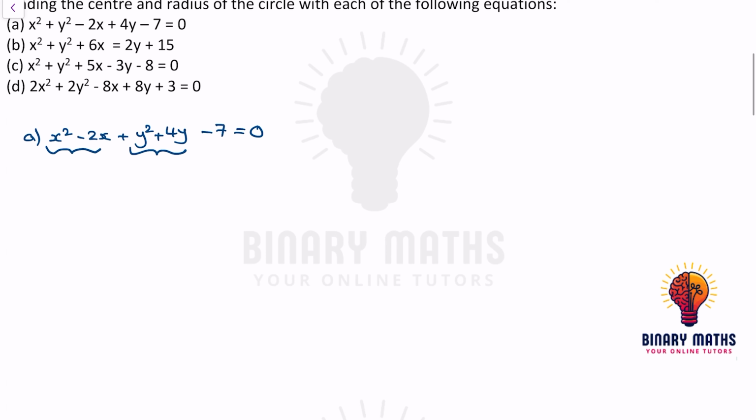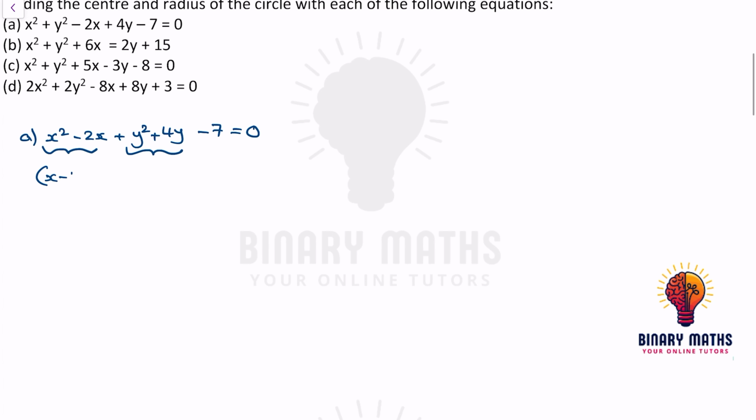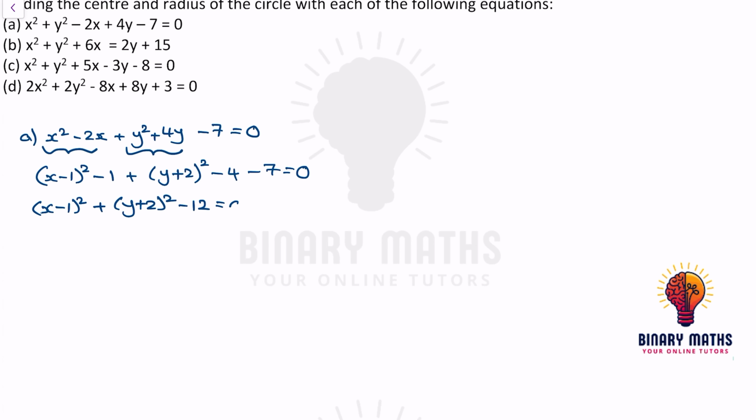If I complete the square, remember I halve the coefficient of x and take away the square of that. And do the same thing with y: halve the coefficient of y, take off the square, and don't forget the take away 7 is equal to 0. If I clean this up, I get (x - 1)² + (y + 2)², then -1 - 4 - 7 gives me -12, is equal to 0.